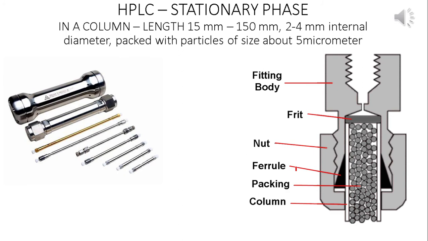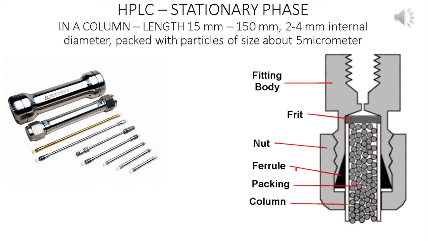The stationary phase of HPLC is filled in a column. The column may have a length of about 150 millimeter. 150 millimeter means 15 centimeter, the length of the scale in your pouch or in your instrument box.